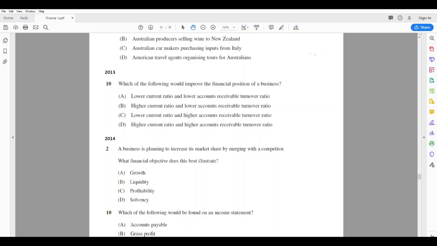Okay, so we're going to figure out what objectives we're looking at, which ratios, and what's better and what's worse. So current ratio is our first one, and that's looking at liquidity. And you should have this all in the table you've made from the worksheet on Google Classroom. So current ratio equals liquidity.